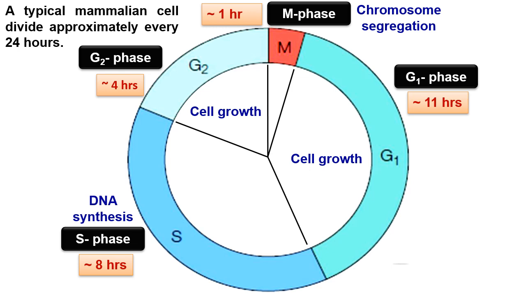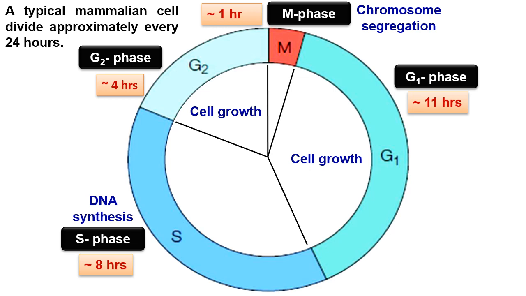A typical mammalian cell divides approximately every 24 hours, where the G1 phase lasts for about 11 hours, the S phase lasts for about 8 hours, the G2 phase lasts for about 4 hours, and the M phase is the shortest and lasts for only about 1 hour.